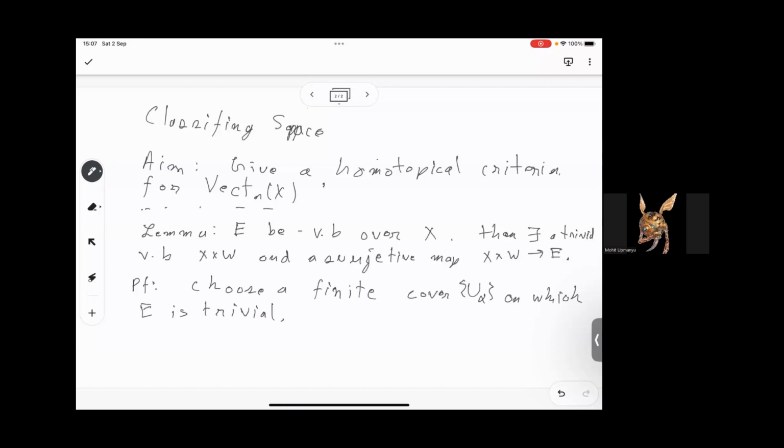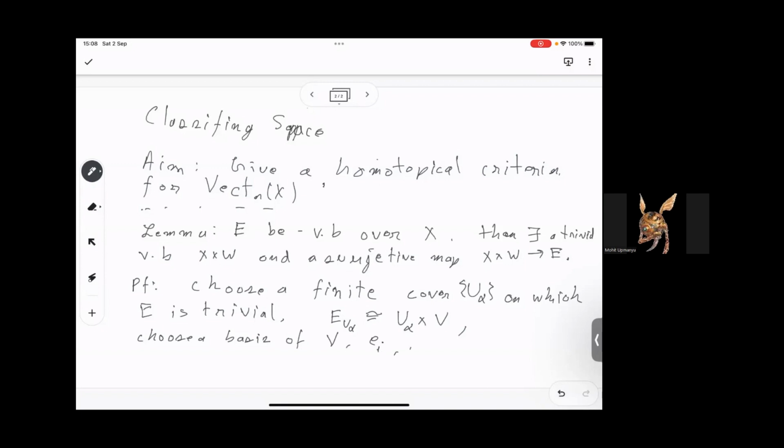And so that means E restricted to U_alpha is isomorphic to U_alpha cross V for some V. So choose a basis of V, say e_i, and actually e_{i,alpha}, because of course V also depends on U_alpha, so we're choosing that.